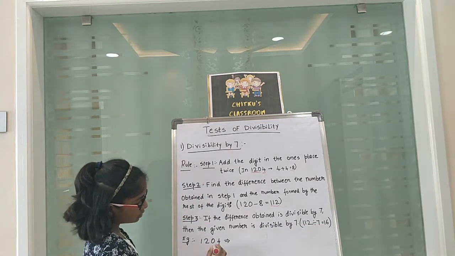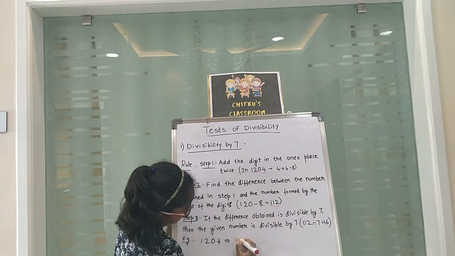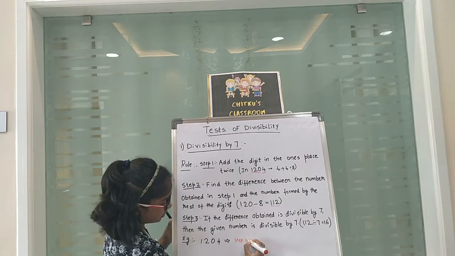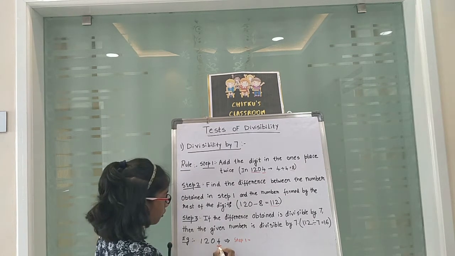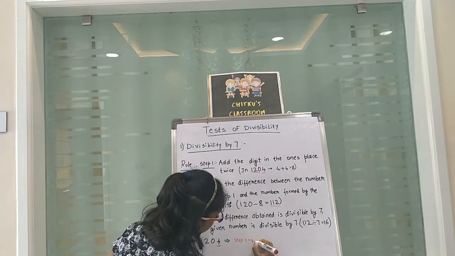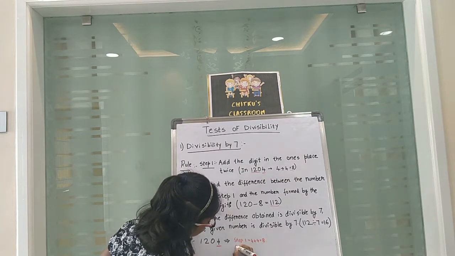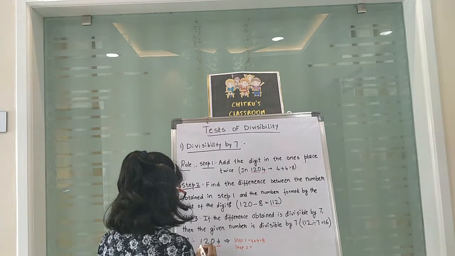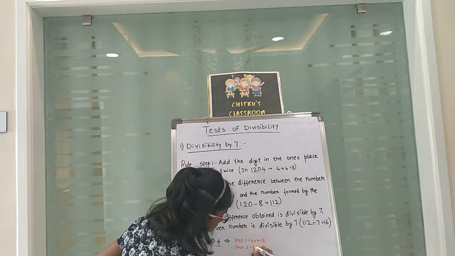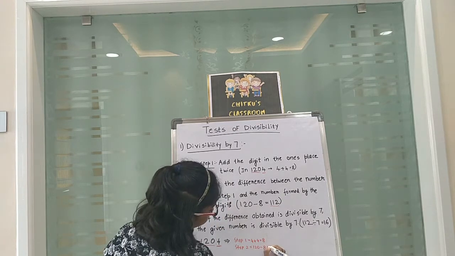Now let's write the steps again. Step 1: the last digit is 4, so 4 plus 4 is equal to 8. Step 2: take the rest of the number, 120, and subtract 8.